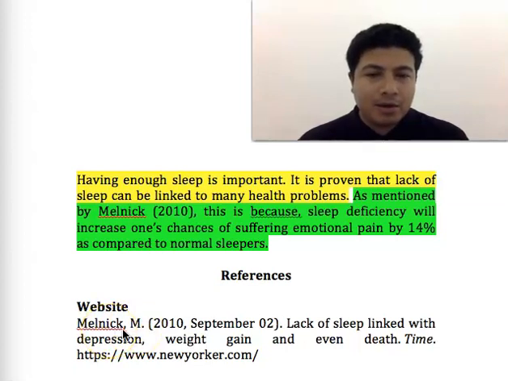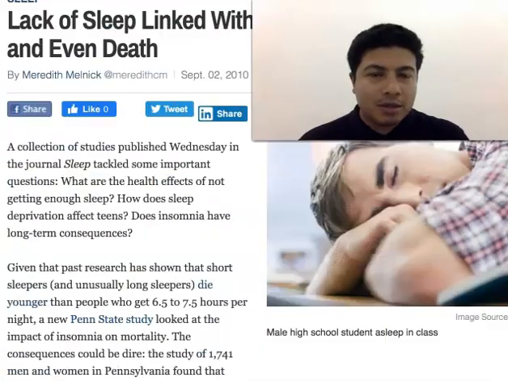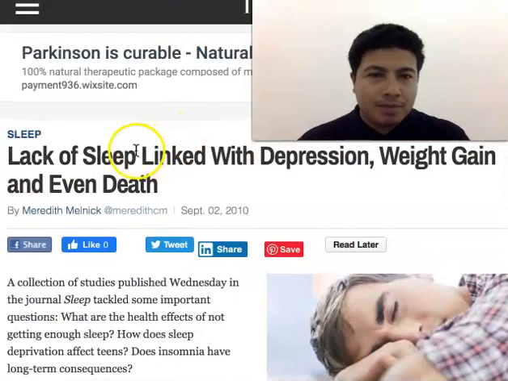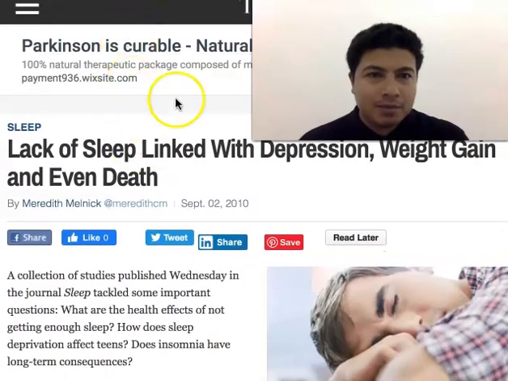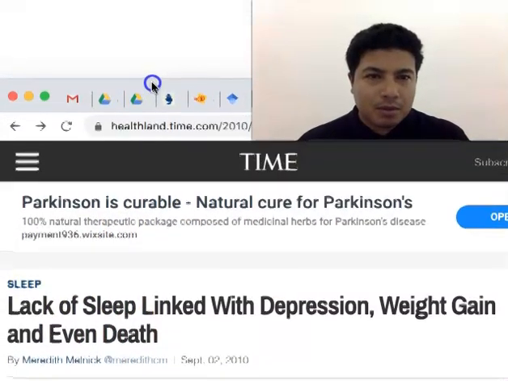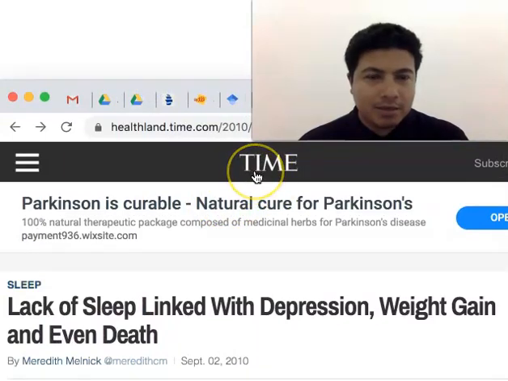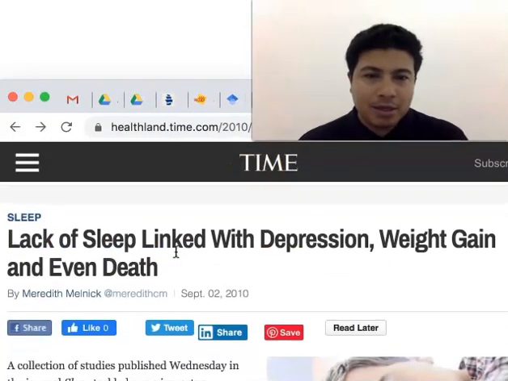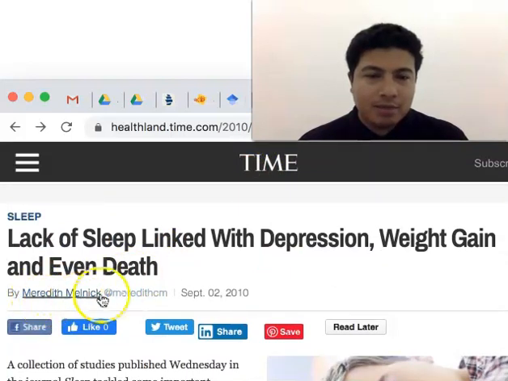Melnick, comma, M, full stop, then in brackets the year it was published, and the month and the day, because this is an internet source. Because I got this from the internet, this is from Time magazine. The website is Time magazine, with the title and the name Meredith Melnick, published on the 2nd of September 2010.